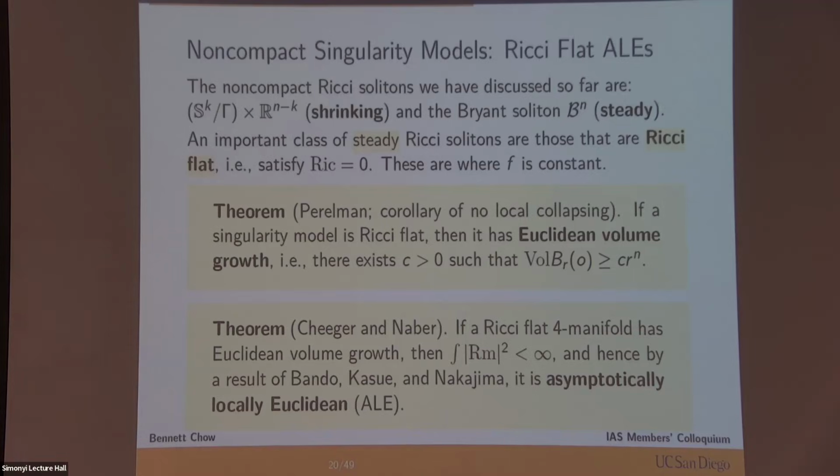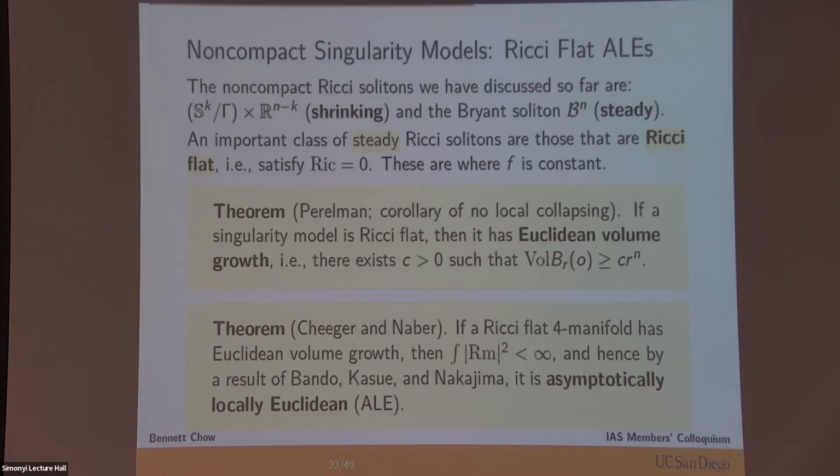And then you can think about, well, what if f is just 0? Then it's Ricci-flat. And so the point is, Perelman's no local collapsing theorem says that if we have scalar curvature 0, and in particular, if it's Ricci-flat, then the manifold must have Euclidean volume growth.